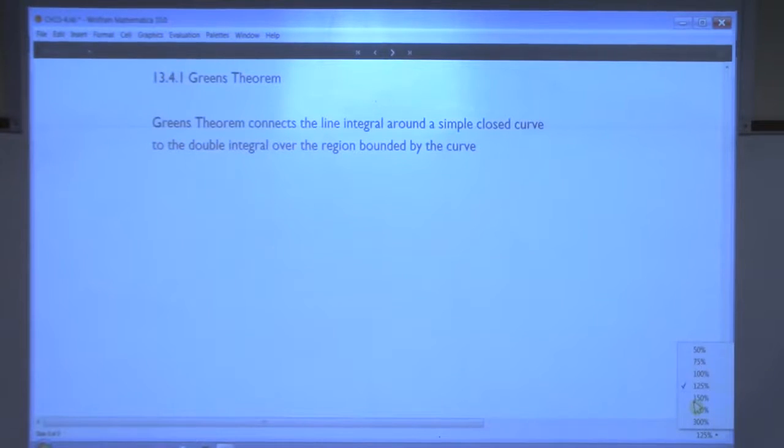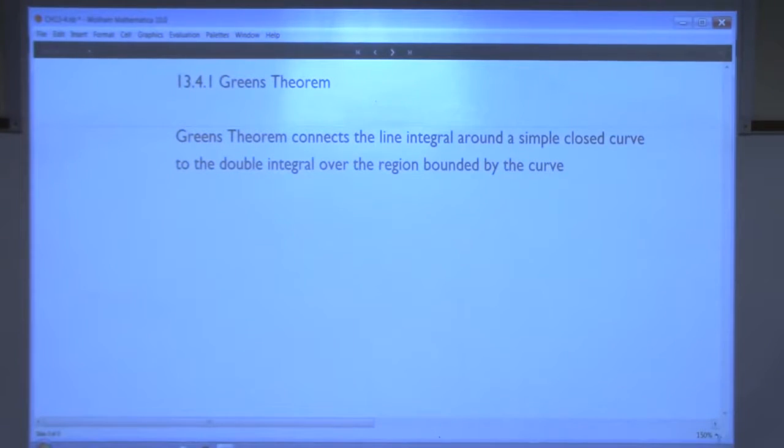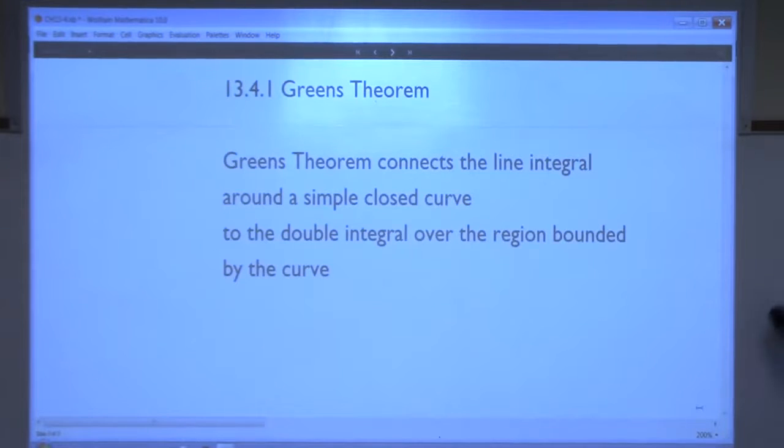Green's theorem gives us a connection between a line integral around a simple closed curve and the double integral over the region bounded by the curve.